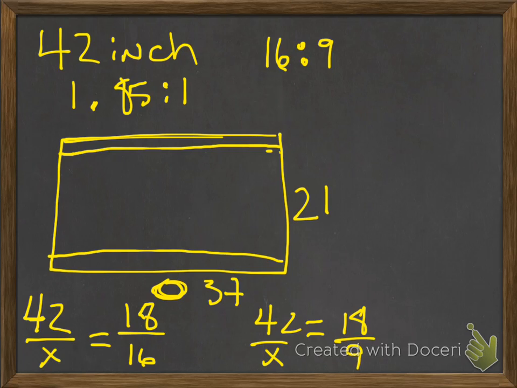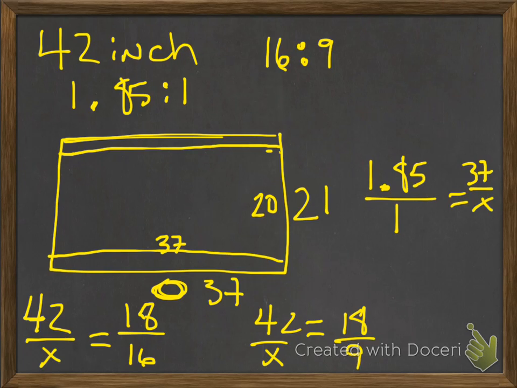Okay, I know this is 37 inches, and it's on this scale factor of 1.85 to 1, 37 over x. After cross multiplying and dividing, I get that this is 20 inches.